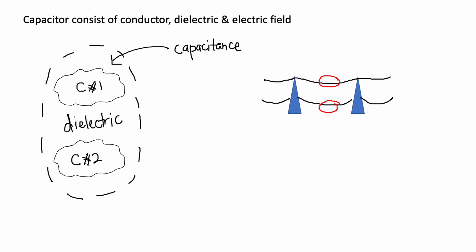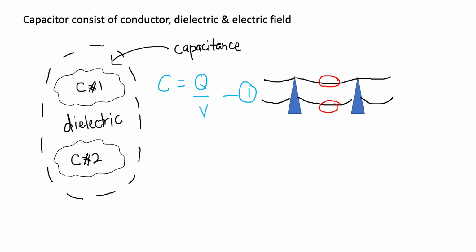As we know, the formula for the capacitance is C equal to Q over V. So this is the equation for the capacitance. Now how are we going to relate this Q and V with this diagram?